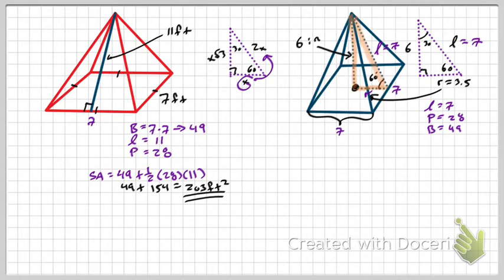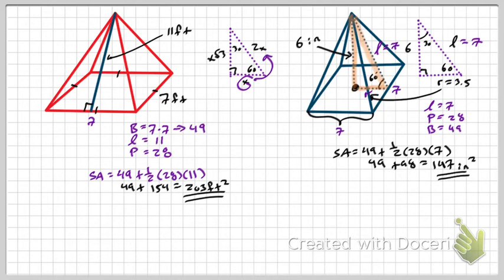Now surface area equals area of our base plus 1/2 perimeter of the base times my slant height. 1/2 times 28 is 14. 14 times 7 is 98. So we have 98 plus 49, which gets us 147 inches squared of surface area.